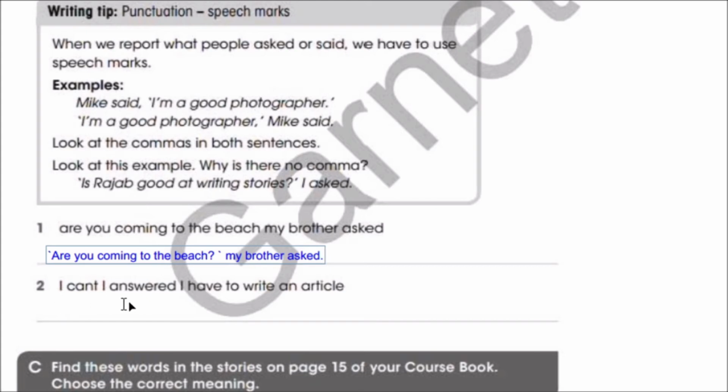"I can't," I answered. "I have to write an article." How do we change this? We start with the first one, putting the apostrophe or the speech mark, and then I write "I can't."